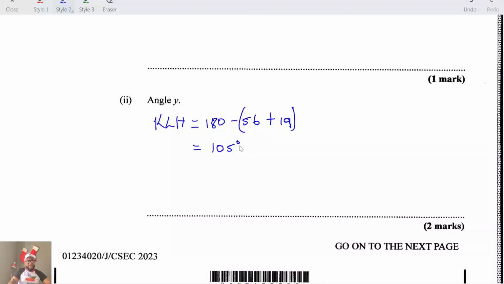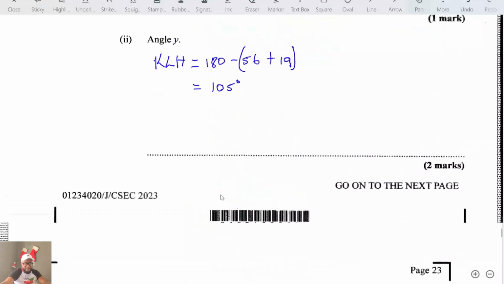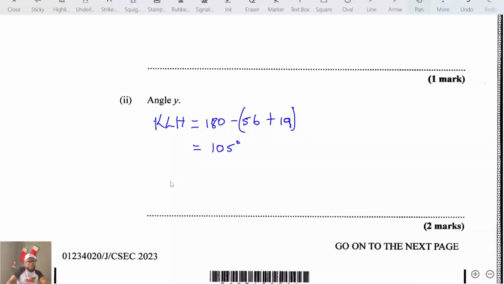That's how you find KLH. And now, you know that KLH, which is this blue angle here, plus Y would add up to 180 because angles at a point on a straight line add up to 180 degrees. We can simply say Y is equal to 180 minus 105, which will give us 75.